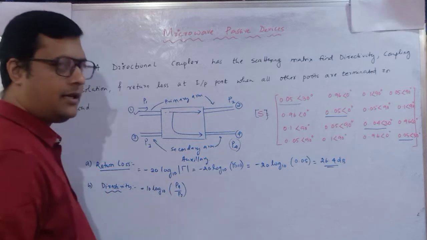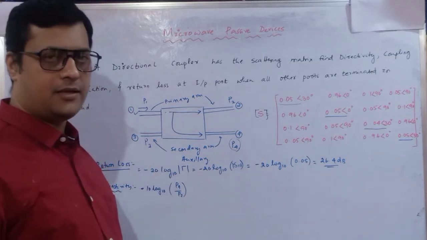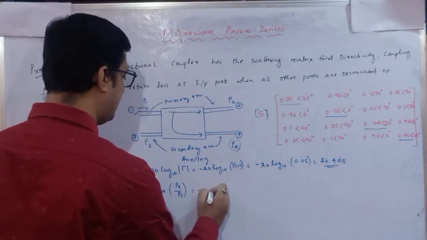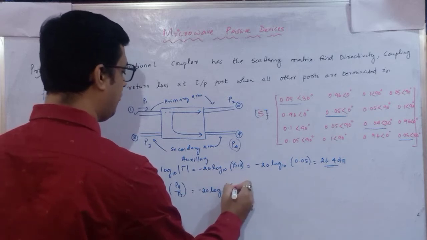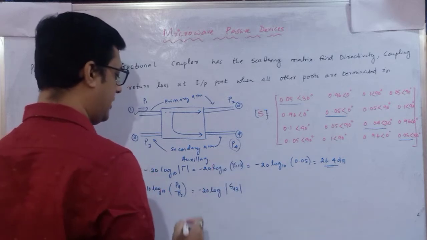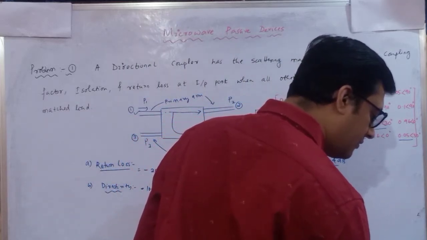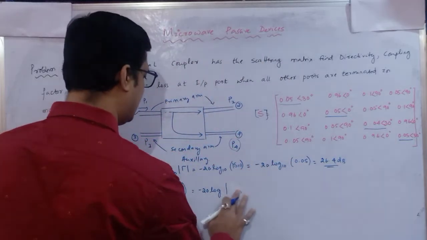So this is our relation. Now P4 by P3 in terms of scattering parameters, if you solve, you will get minus 20 log S43. Okay, S43.